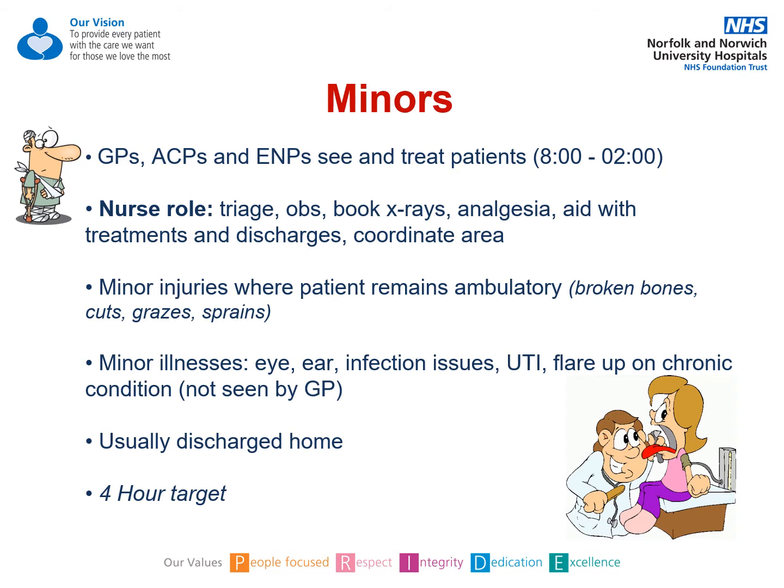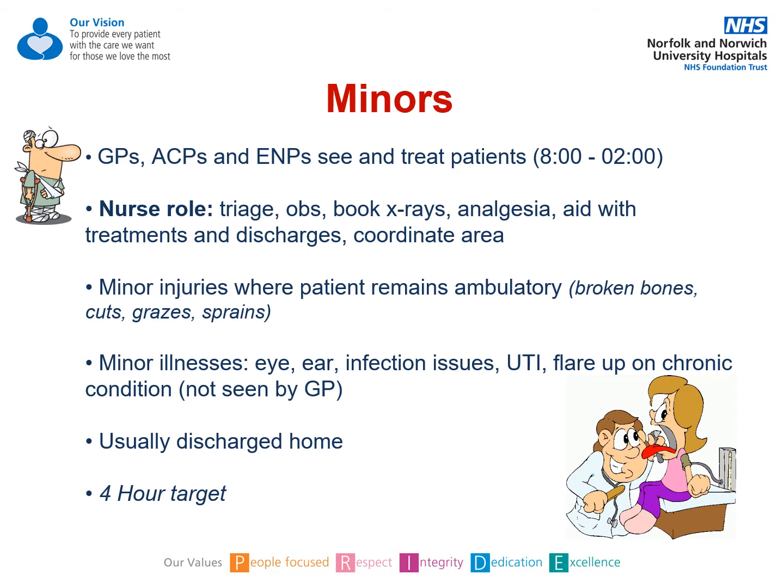We get quite a lot of people who've been doing some DIY and accidentally tried to cut off a digit. And then you get the minor illnesses, which is, more things a bit like injuries or infections to the eyes and ears. We've got quite a lot of cat bites that come through because they can be quite nasty infections.